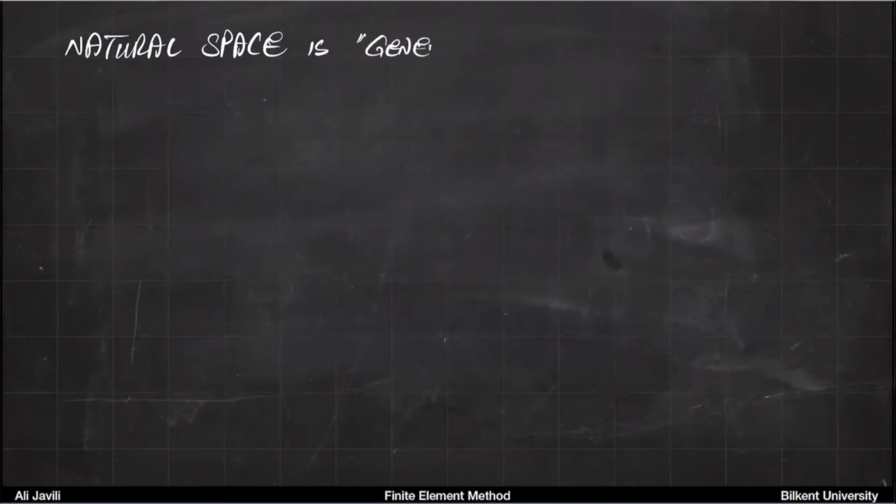Why is that? So let's say natural coordinates, or natural space, is, let's say generally, so almost every time that you see one, let's say it's uniformly discretized. Okay, this is not a very good way of wording, but it's okay. So it's uniformly discretized.